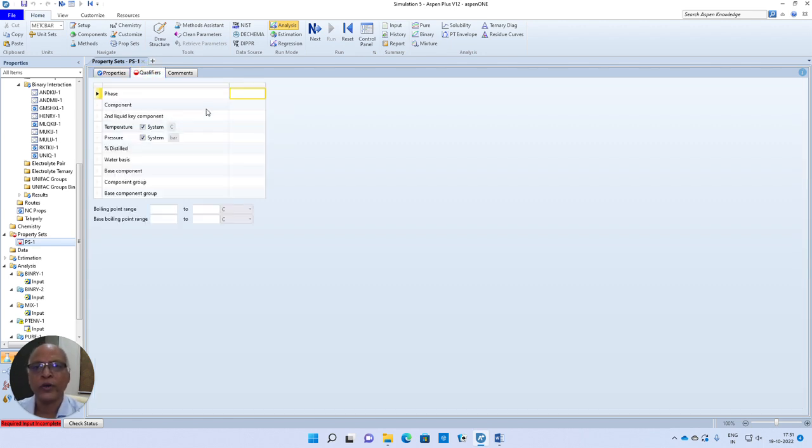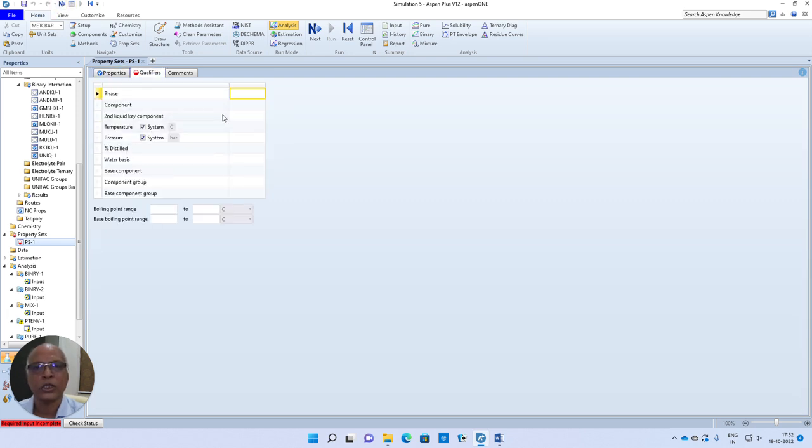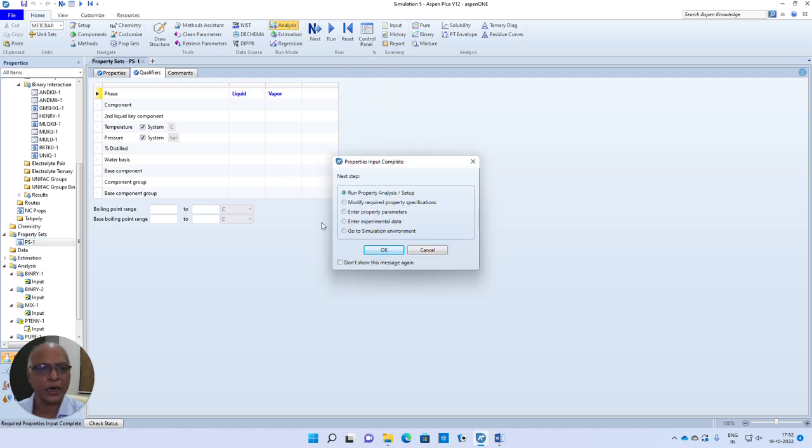So in what phase you would like to calculate? So this is liquid. I'm interested in calculating these properties, whatever you have listed in the property set, in both liquid and vapor phases. Let us say. Now everything is addressed.